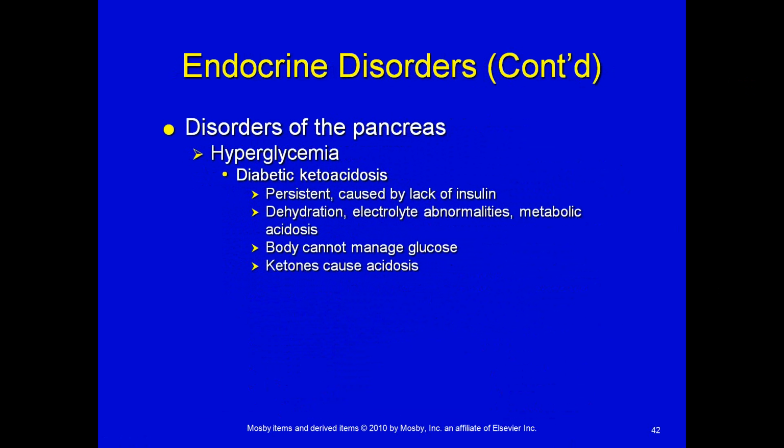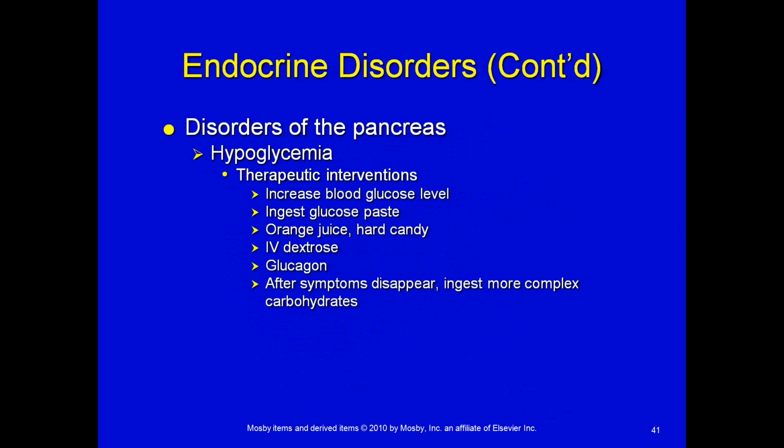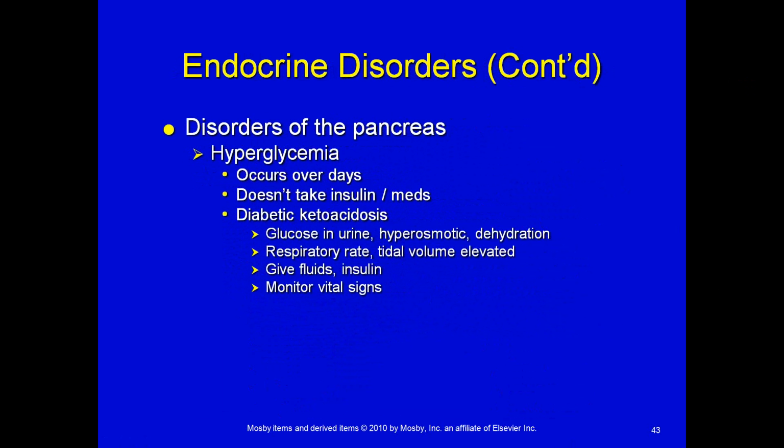Now, the treatment for the diabetic ketoacidosis is to lower the blood sugar. One thing to keep in mind about hyperglycemia when we compare it to hypoglycemia, hyperglycemia occurs over days, 7 to 10 days.